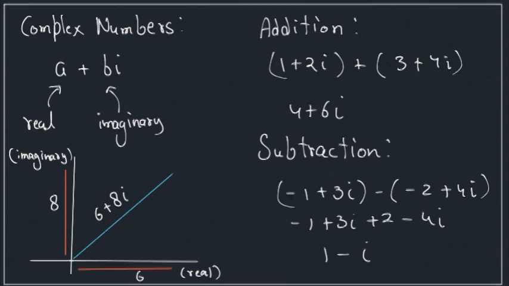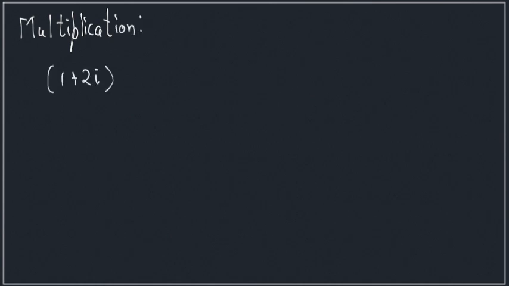In multiplication, we will use the FOILing method, where we would multiply all numbers to each other. For example, if we multiply 1 plus 2i by negative 1 plus 3i, we need to multiply 1 to both negative 1 and 3i. That will give us negative 1 plus 3i.